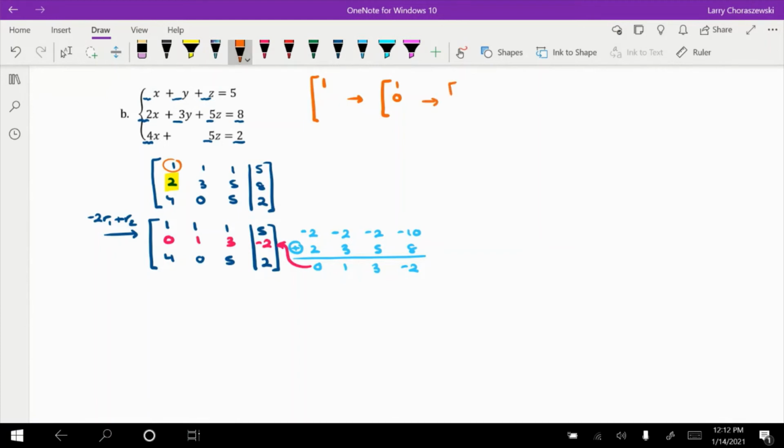Next, what we want to do is get the second 0 underneath that first leading 1. So that means we need to cancel out this 4. And we're going to use row 1 again to help us out with that. We could do negative 4 R1 plus R3. Off to the side, let's write out what negative 4 R1 would look like behind the scenes. It's negative 4, negative 4, negative 4, negative 20. And then that's going to be added to 4, 0, 5, and 2.